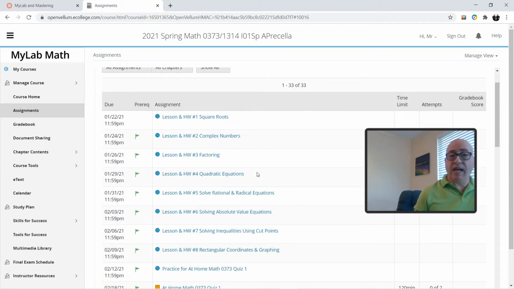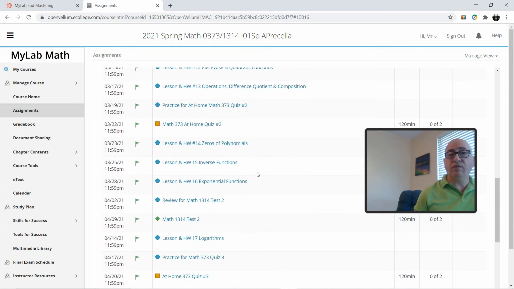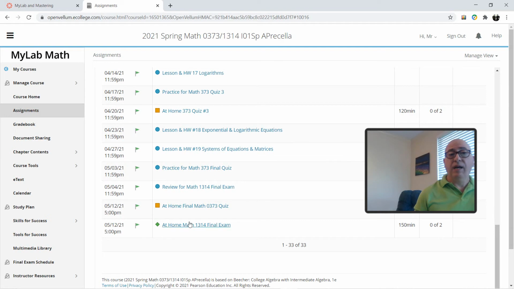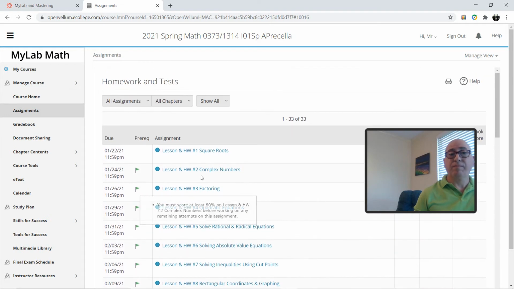Every assignment, test, quiz is laid out right here under assignments, along with the due dates. And this is spring 2021 semester that I'm doing this. That's why the due dates are in 2021.